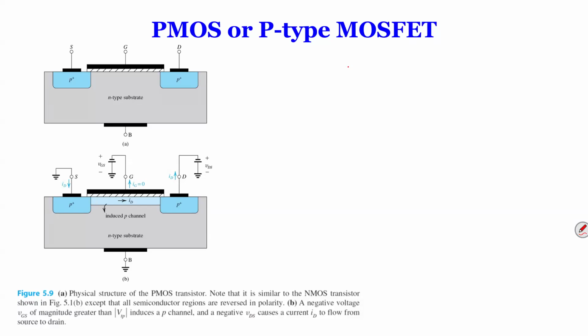Okay, so now you form a channel, but this channel is called a P channel. So when you have negative voltage here and positive voltage here, the holes are going to be attracted to here to balance the electrons on the metal. So this forms a P channel. When you form a P channel, you apply a voltage at the drain, or at the source, negative, but here you apply negative voltage.